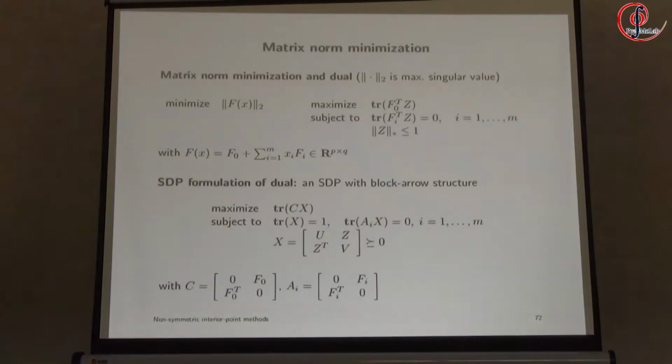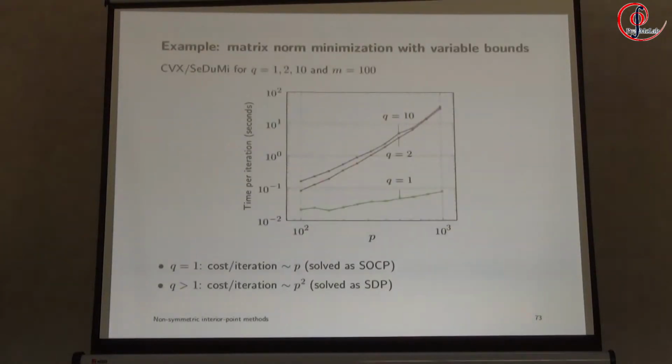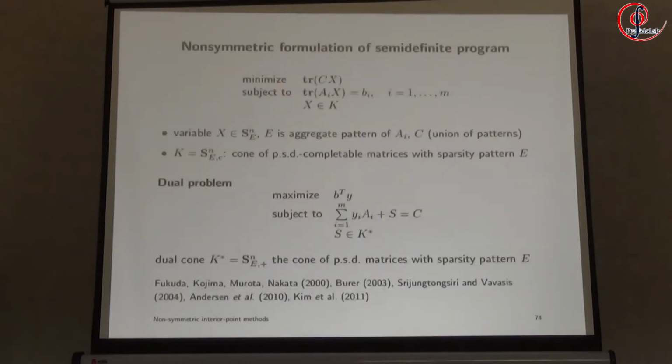But it is actually more expensive because you do have to embed it in an SDP, this SDP or something similar, and there's a large gap in complexity between second order cone and semi-definite cone. So that motivates this work on non-symmetric solvers.